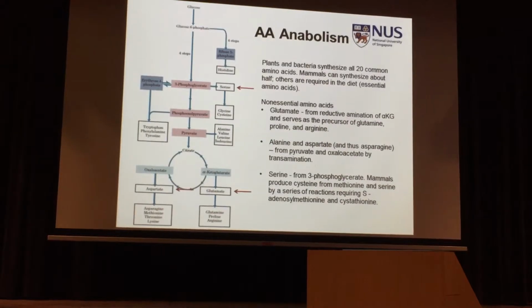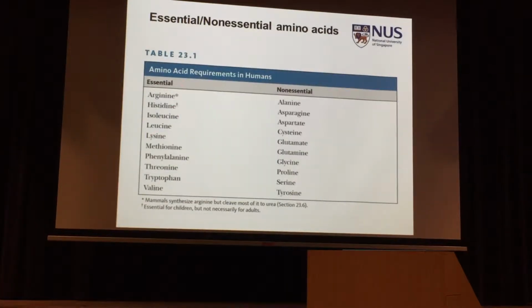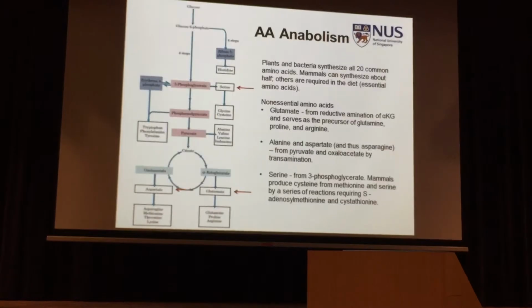And then we went on to talk about the classification that you know: nutritionally you have essential and non-essential amino acids. Essential amino acids are called that because you cannot synthesize them. Other organisms like plants and bacteria can synthesize all the 20 amino acids. We cannot.